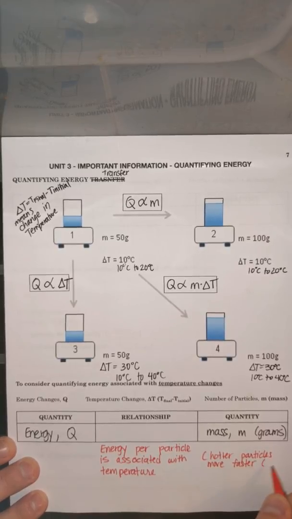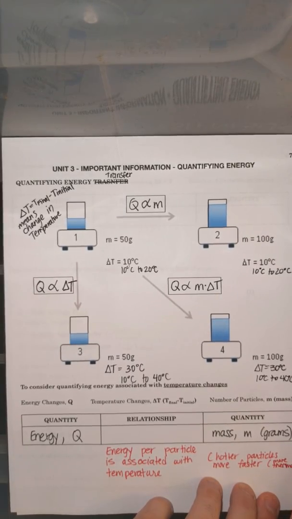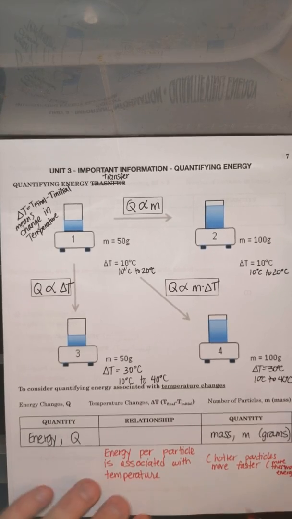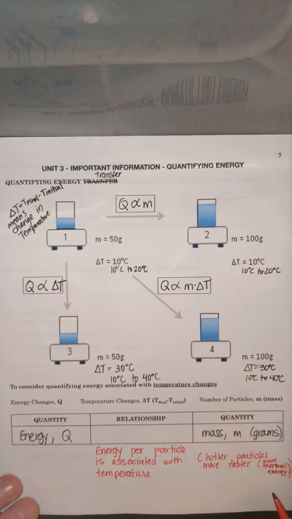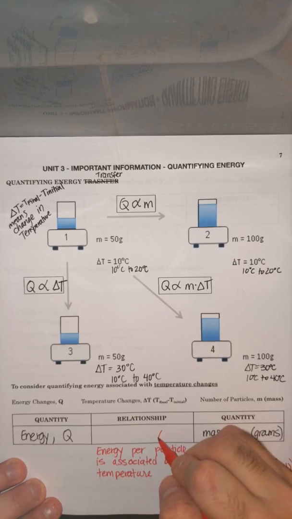That means they have more thermal energy. And I'm not going to write it here, but slower particles are colder, they have less thermal energy. And so I'm going to have a relationship that relates energy and mass, which is delta T.